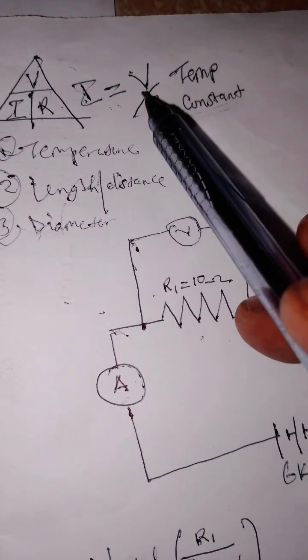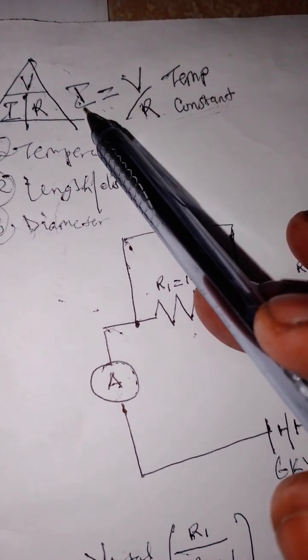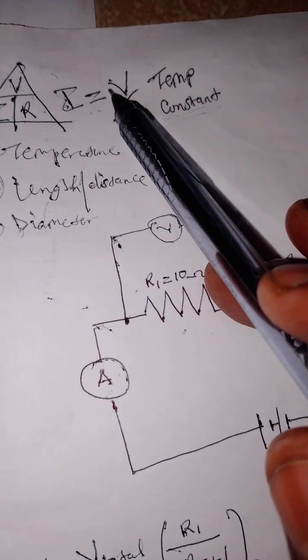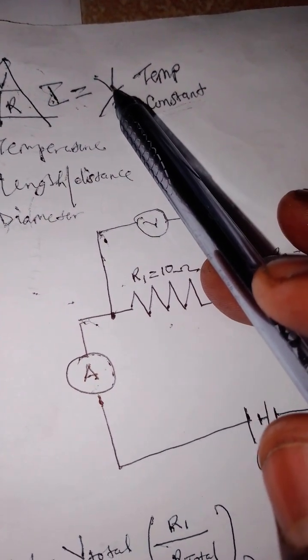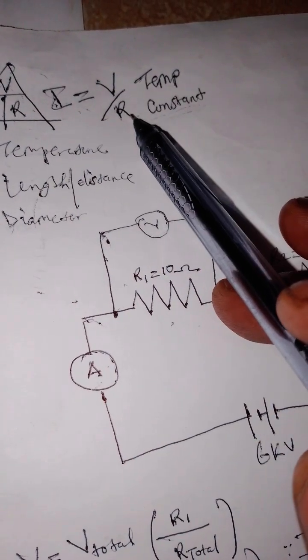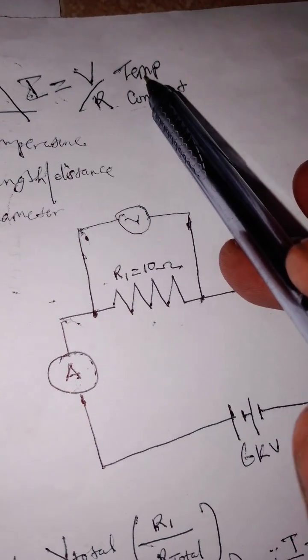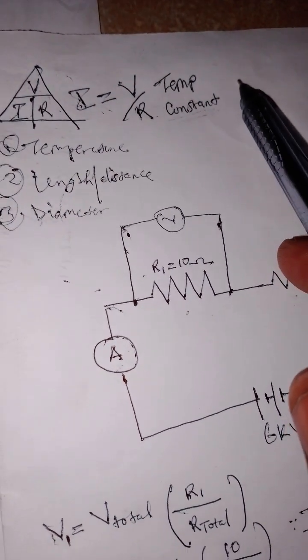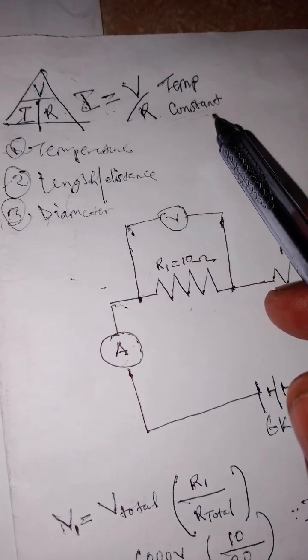Ohm's law states that the current passing through the conductor is directly proportional to voltage but inversely proportional to resistance, provided the temperature remains what? Constant. Temperature and other conditions.